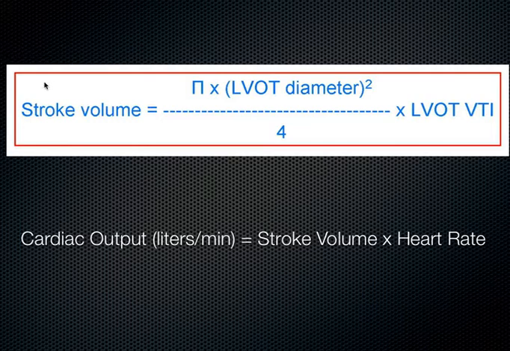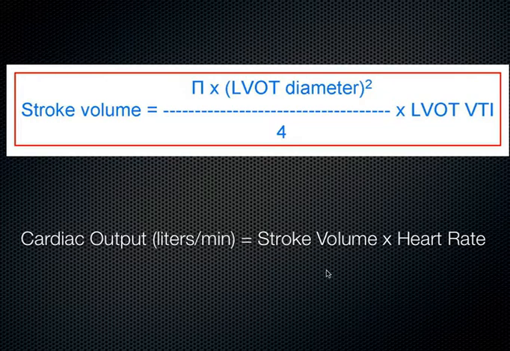What that gives you is stroke volume. The whole time the machine is watching the heartbeat, so it knows the heart rate. It does this whole thing automatically and calculates for you cardiac output, which is stroke volume times the heart rate.